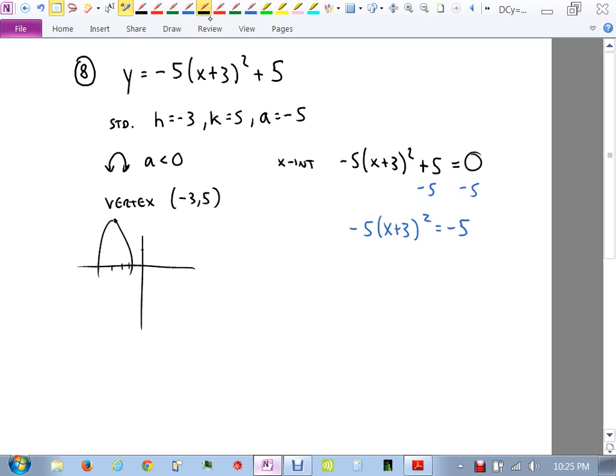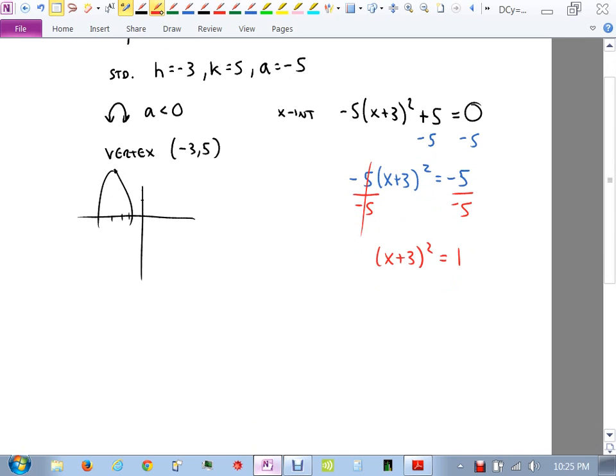Now divide both sides of the equation by negative 5. So that gives me x plus 3 squared equals 1. Now take the square root on both sides. Don't forget plus or minus. So square root, squared cancel.